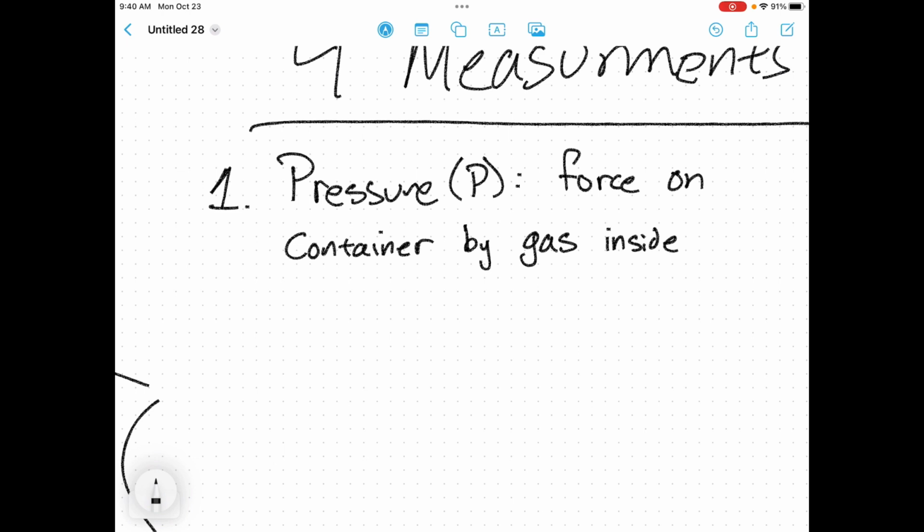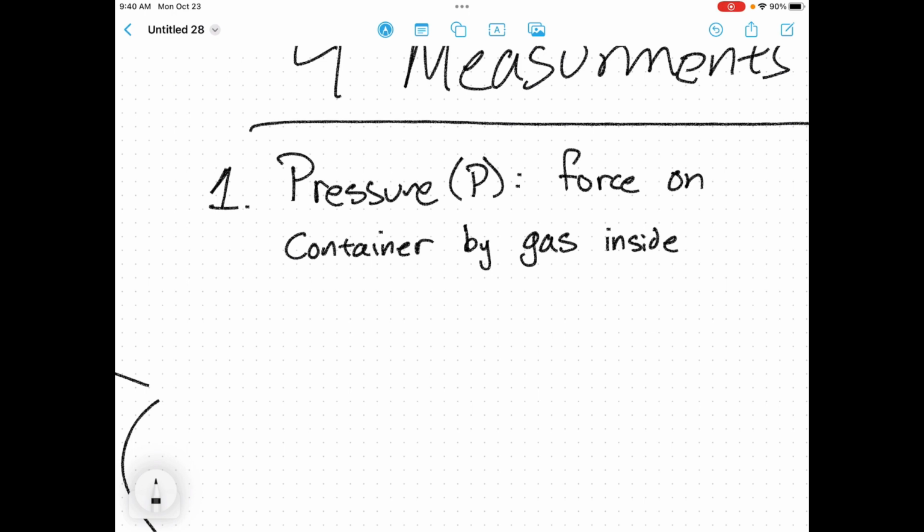Now, the real definition of pressure is something like a force that's exerted by a thing per unit area on another thing. But since we're talking about gases, our definition of pressure is going to focus on gases. It's the force on a container by a gas inside. So essentially, we're just talking about when those gas molecules hit the sides of the container, how much force is exerted on it.